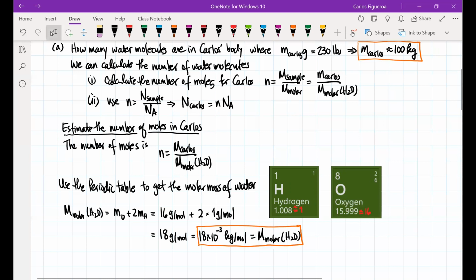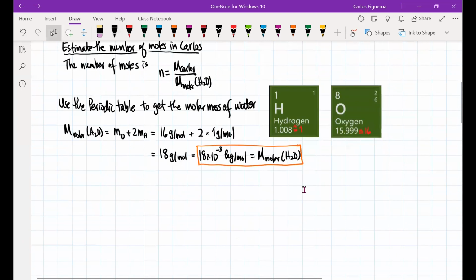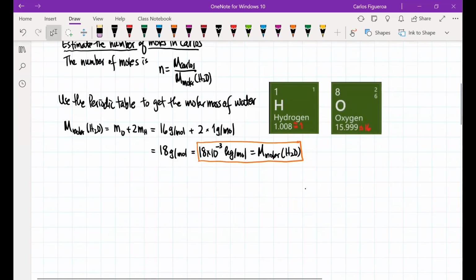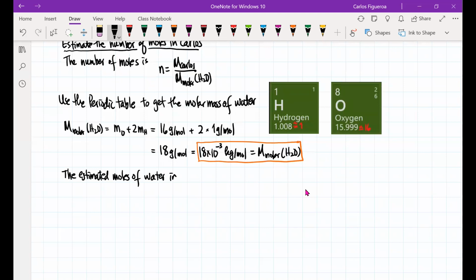So from this, I can now estimate the number of moles of water in Carlos. It's going to be n equal to the mass of Carlos divided by the molar mass of water.